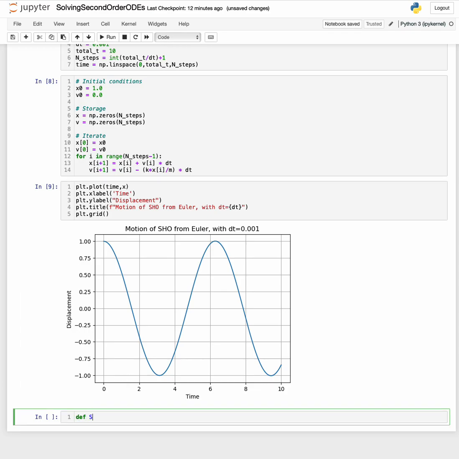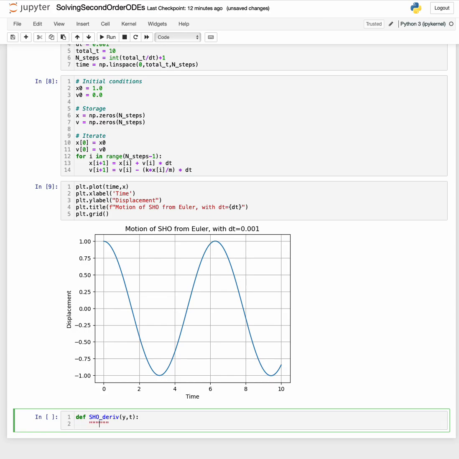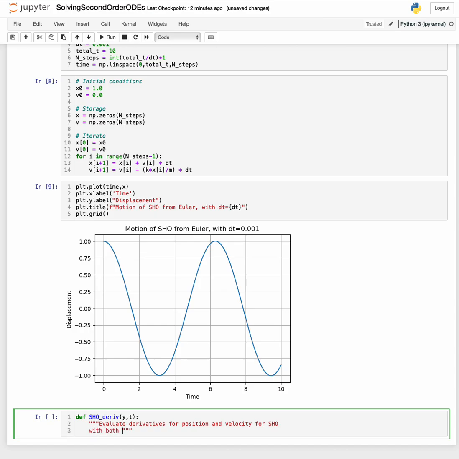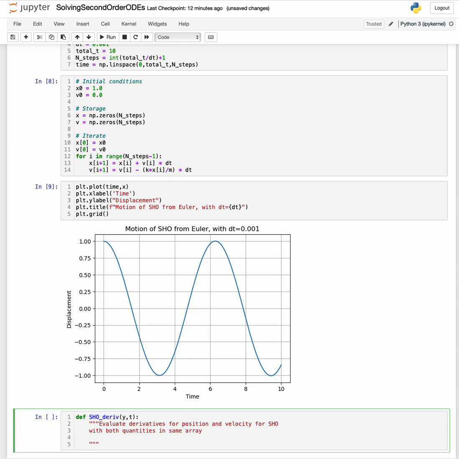So we're going to define the SHO derivative as being a function of y comma t. We're going to put y and t so that it's general. So I'll put a docstring, evaluate derivatives for position and velocity for the SHO with both quantities in the same array. And I'll put some inputs.